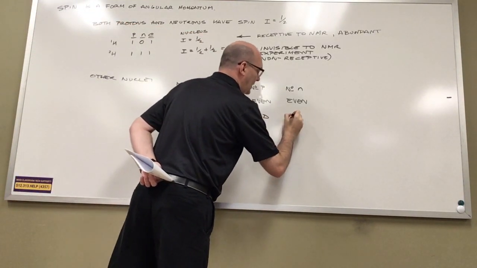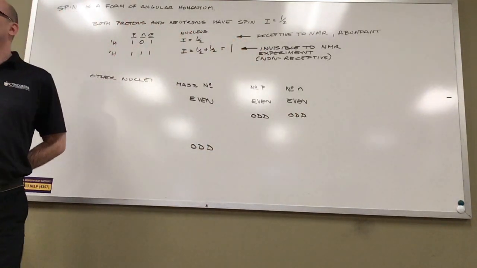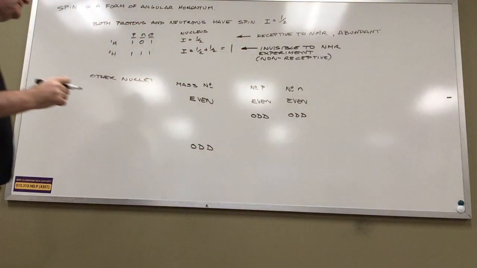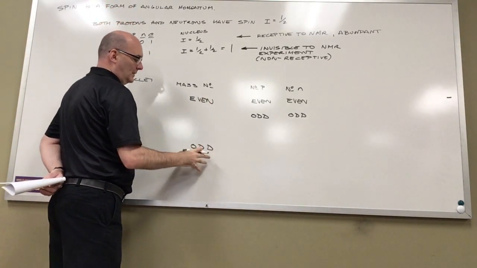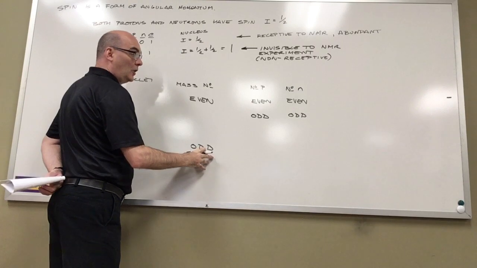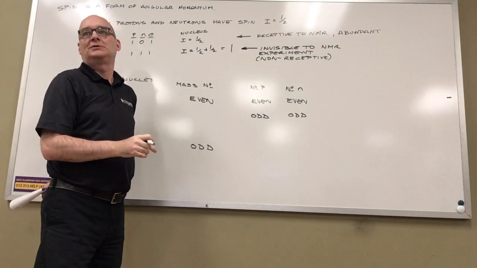The other way I can make an even number is to add two odd numbers together. To get a mass number off the periodic table that is an odd number, well, there's two ways to do that.